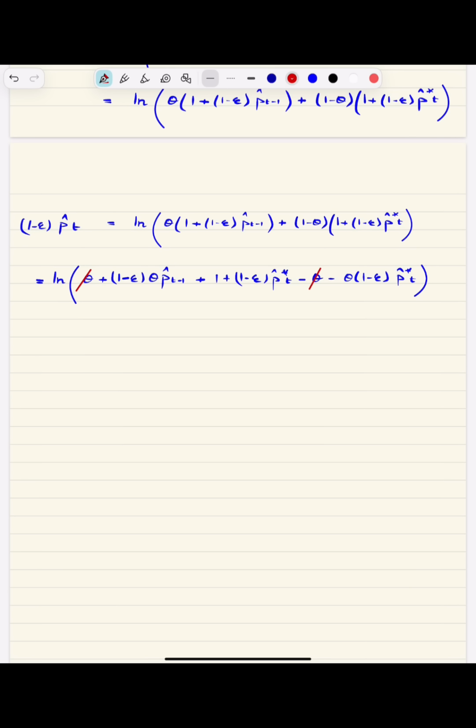Why do we have a 1 here? Okay, this one got multiplied. Let's write this down.